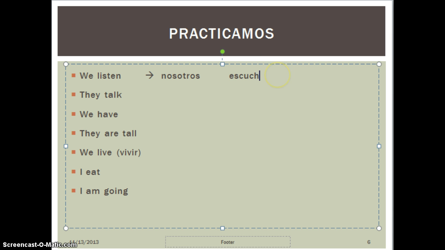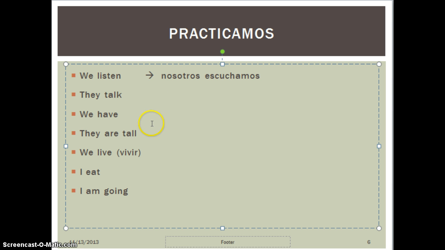I'm going to take off my AR ending, and I'm going to look at my chart and see what AR ending is for we, nosotros. I notice that it's amos. I add amos. Nosotros escuchamos. Okay?